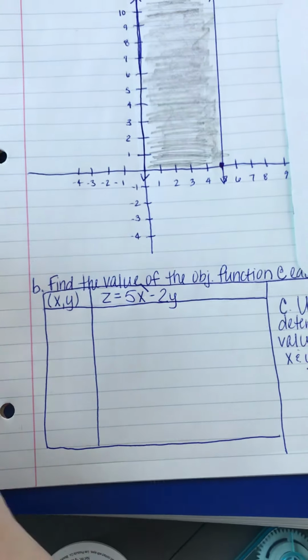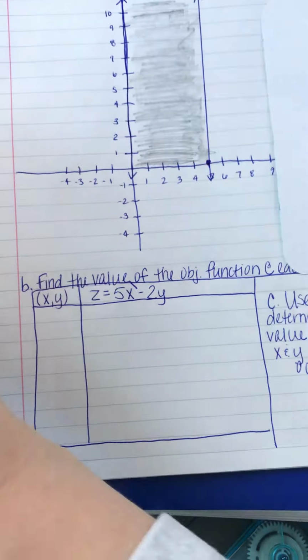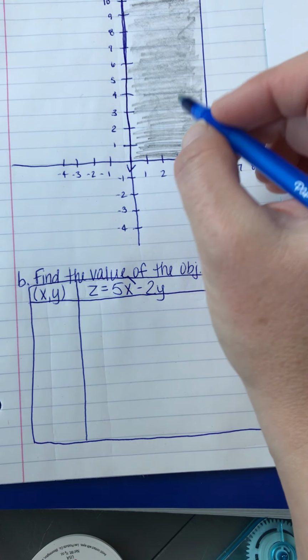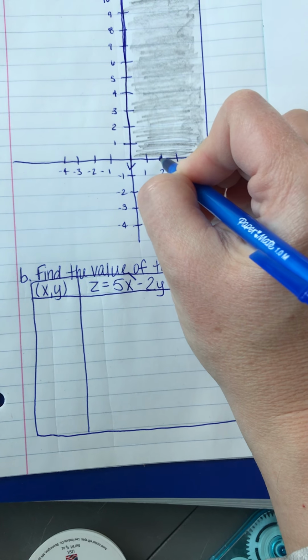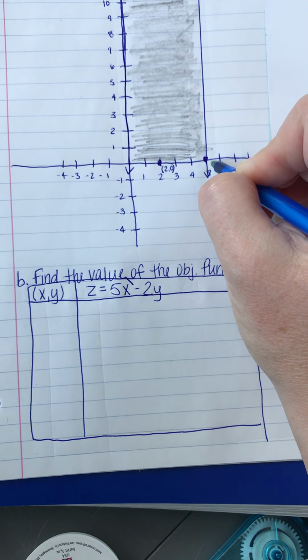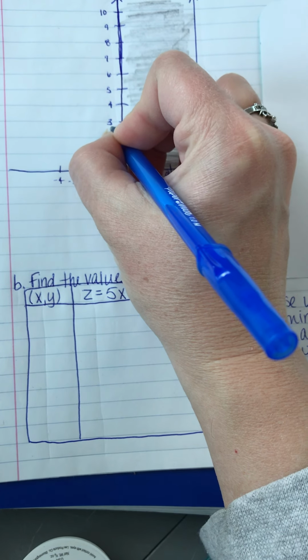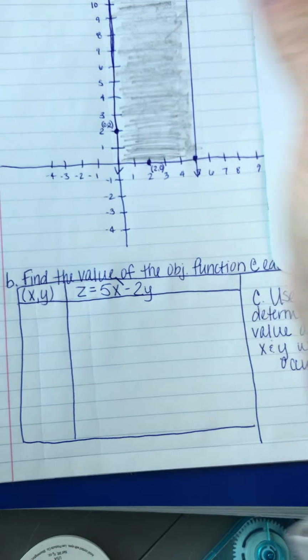So we are going to graph 2, 0, and we will also graph 0, 2.